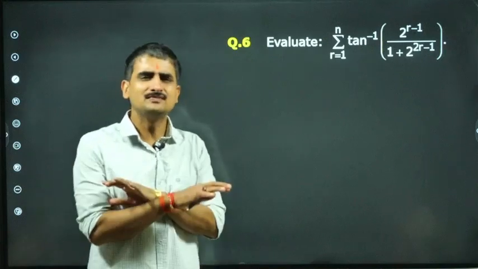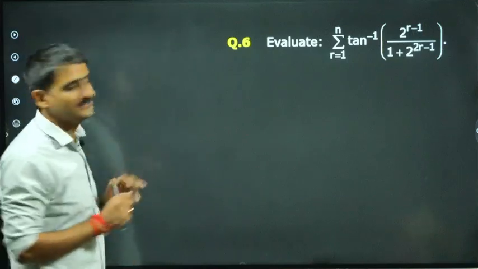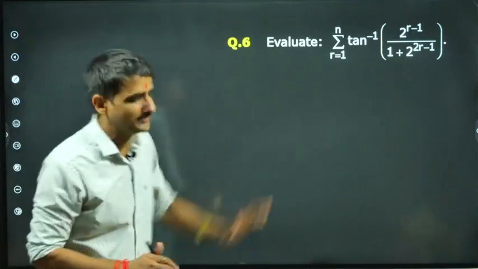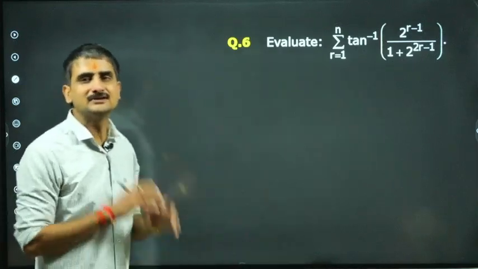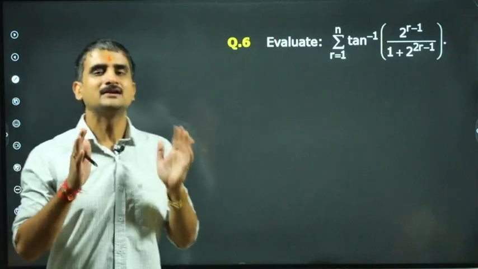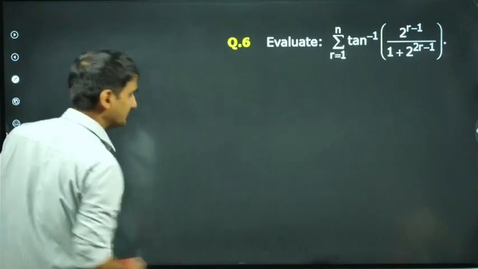So you should be very clear about it. Whenever I get such a question, I won't even think anything else. I will just focus on converting the general term into the difference of two consecutive terms.